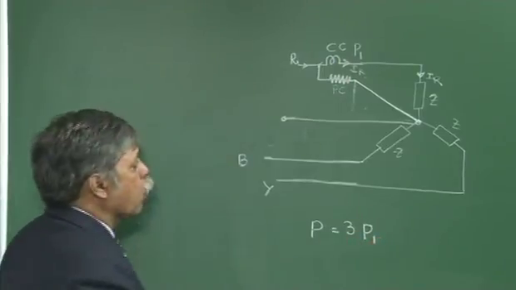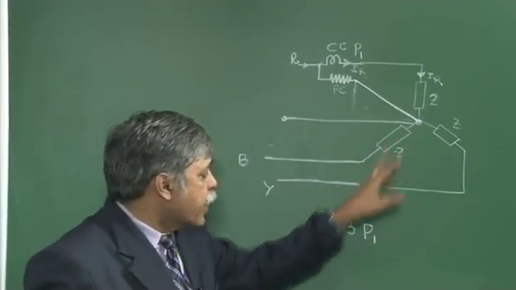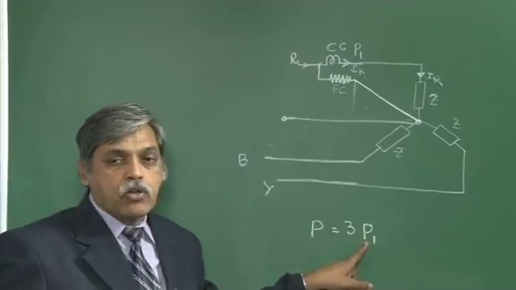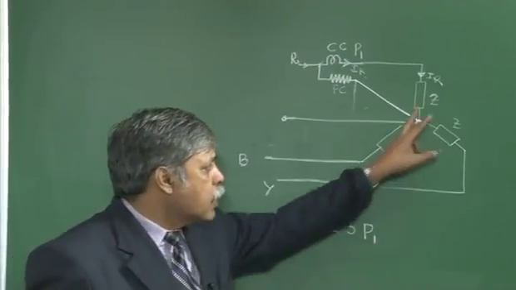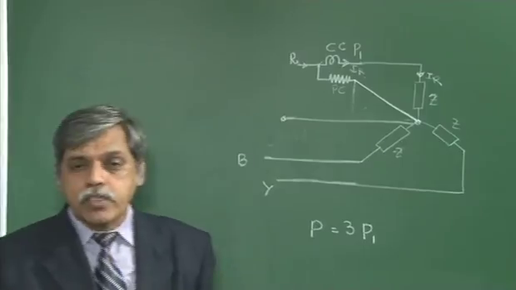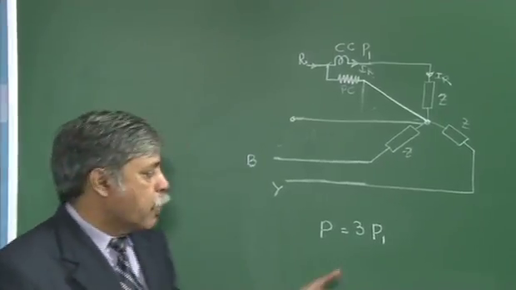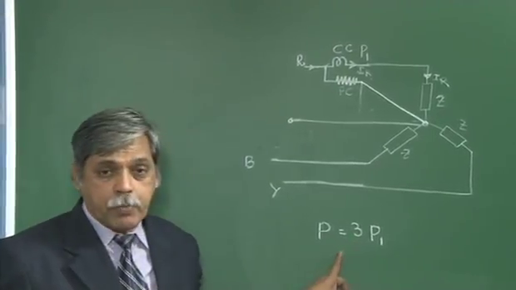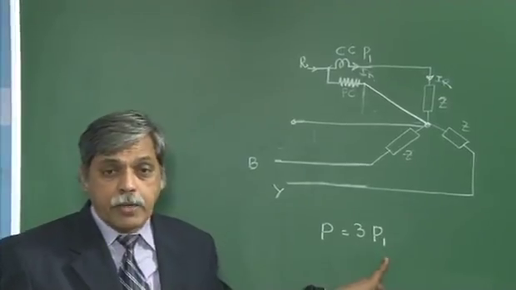This is possible only when all the 3 phases indicate the same amount of power. That means all the 3 phases should consume the same amount of power. Then only it is possible to use this equation, total power P is equal to 3 times the wattmeter reading.